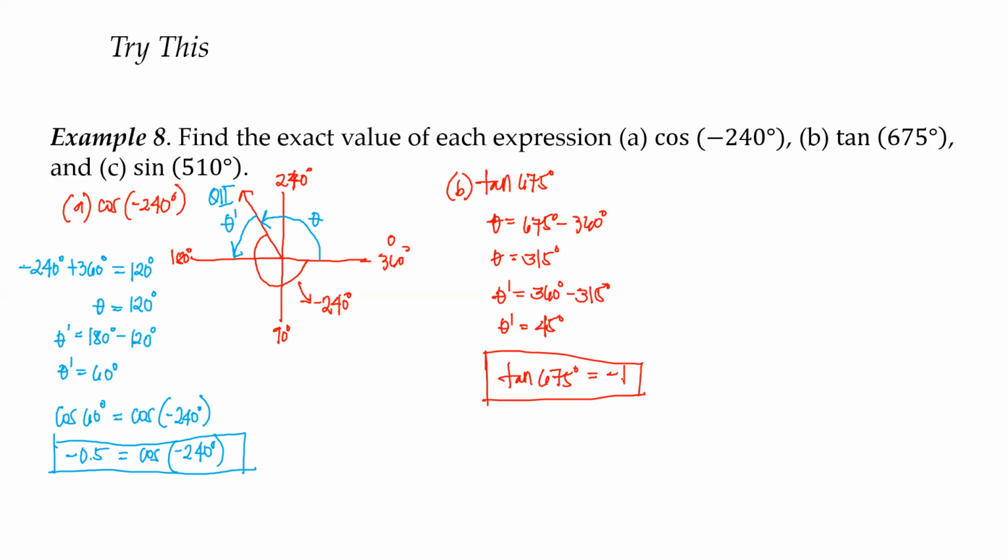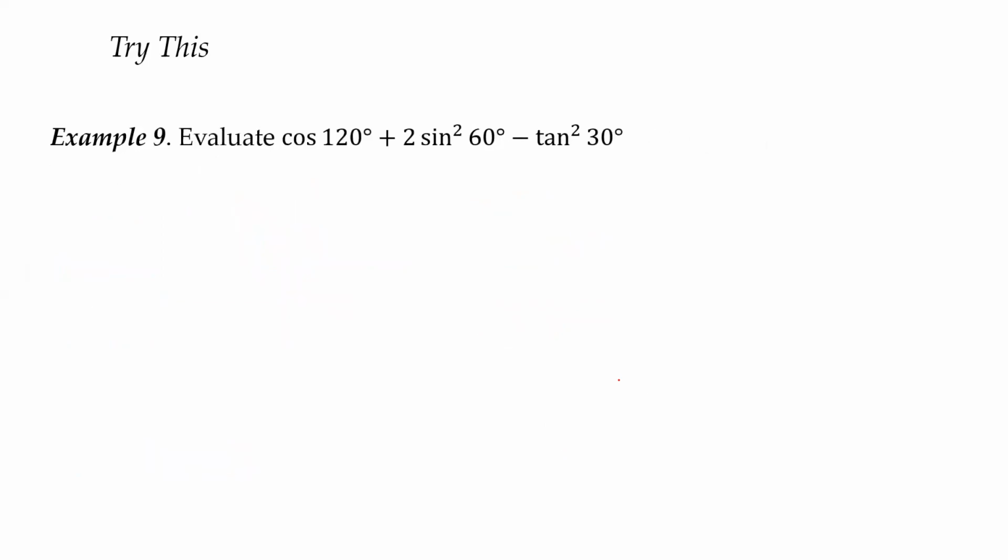And you do example letter C. Number 9, evaluate cosine 120 plus 2 sine squared 60 degrees minus tangent squared 30 degrees.